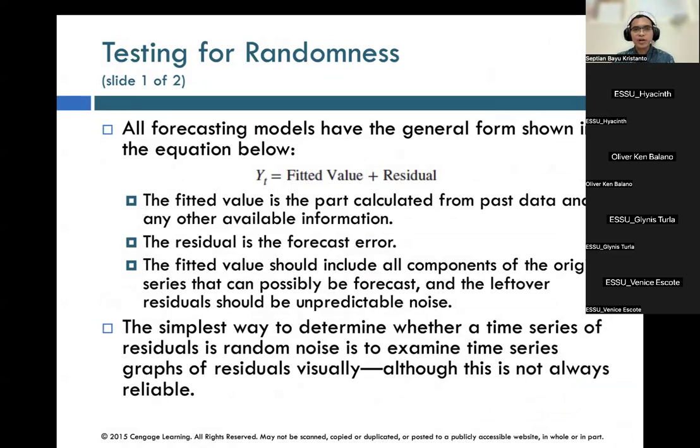Next is the test about the randomness, or random data, contained in your data analysis. Please remember that our data contains a fit value and a residual value. The residual value is similar to error. Error is also contained in any kind of data.